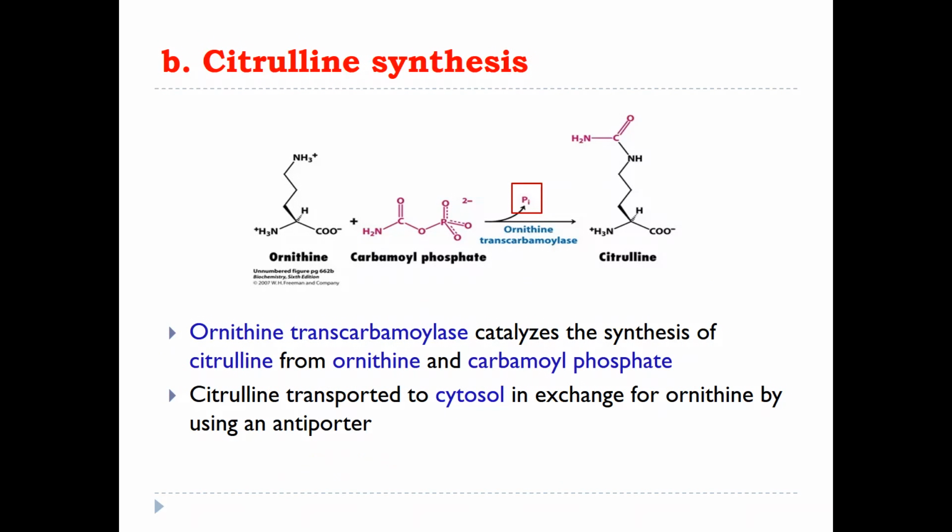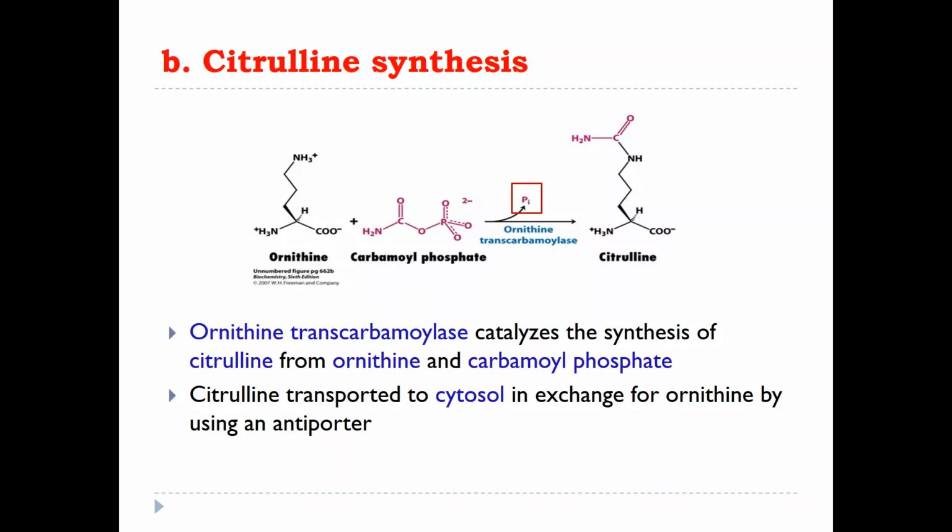The second reaction of the urea cycle is the formation of citrulline from carbamoyl phosphate, which was produced in the previous step, which reacts with ornithine to form citrulline and a molecule of inorganic phosphate. This reaction is catalyzed by ornithine transcarbamoylase, and it still occurs in the mitochondrial matrix.